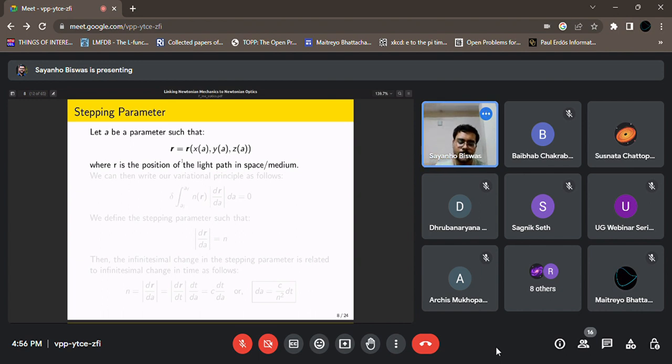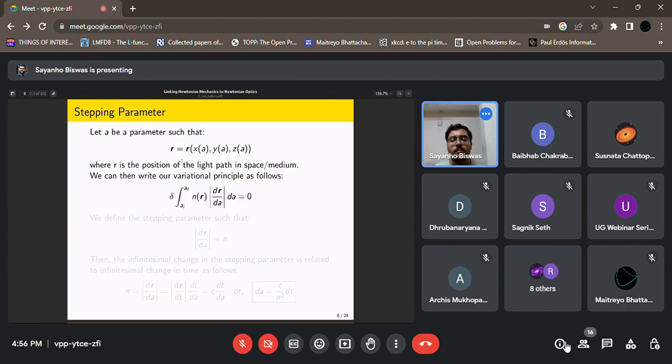Good enough. Now x, y, and z, each of them can be expressed in terms of a parameter a. I have not defined what this parameter a is. This is an arbitrary parameter a. We can write it like this, where r is the position of the light path in space, medium, etc.